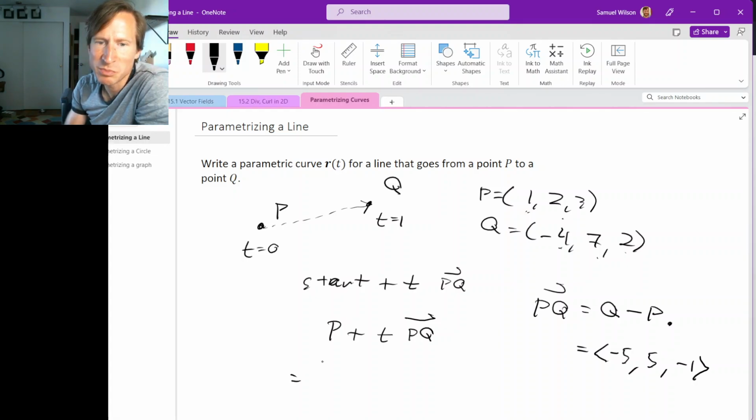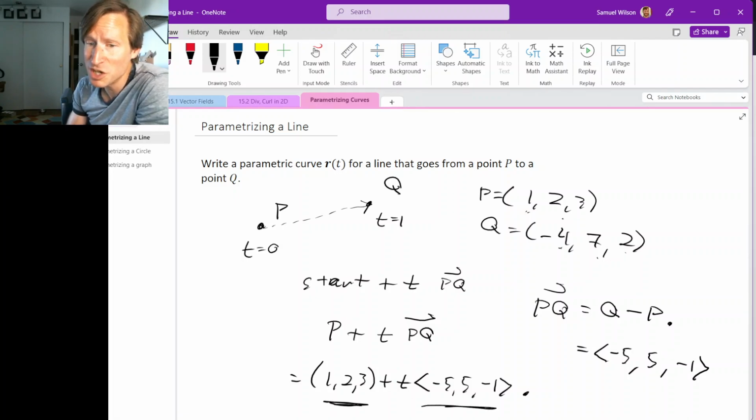And then we could write down our parametrization. P is (1, 2, 3) plus t times (-5, 5, -1). So as long as you know where you want to start and what direction you want to go in, parametrizing a line segment is very straightforward.